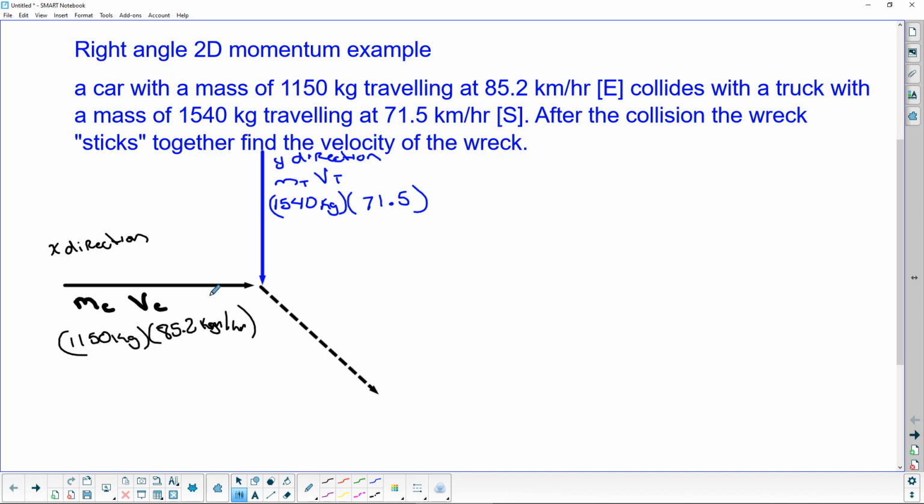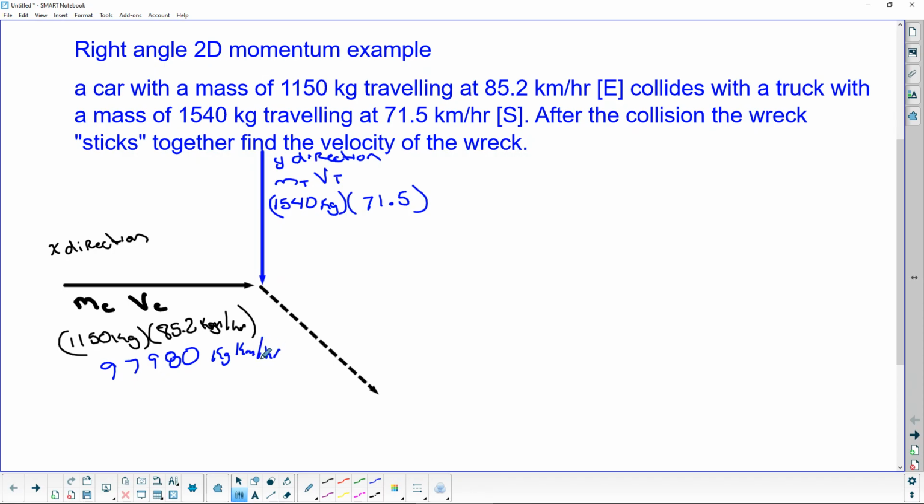Okay, so let's combine them with our calculator and calculate them out. So let's take the 1150 times 85.2. Okay, that's 97,980. And that's kilometers per hour.